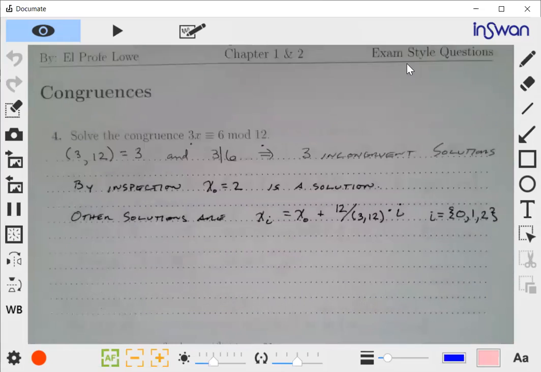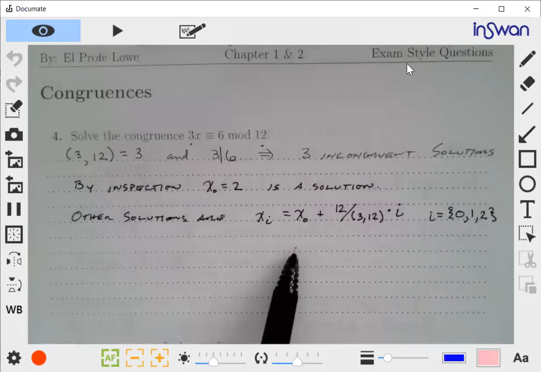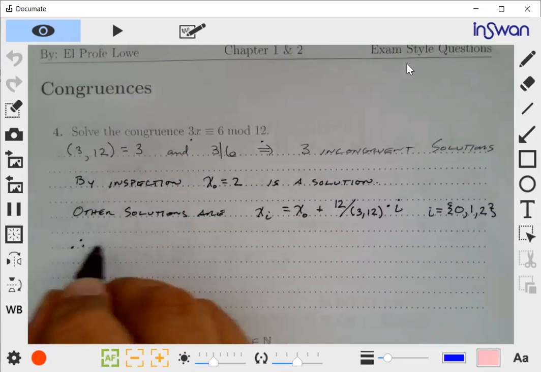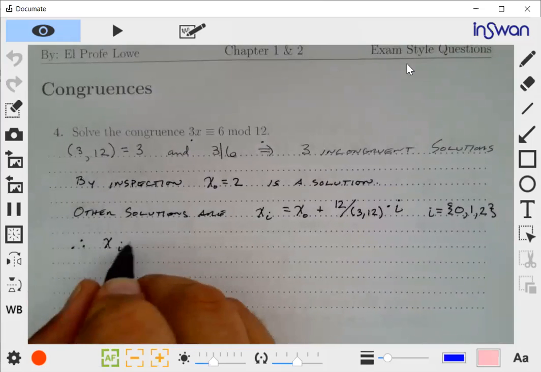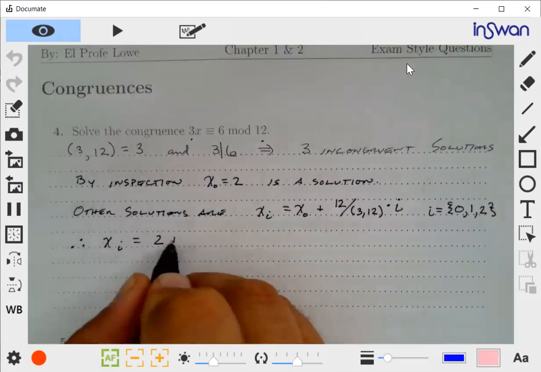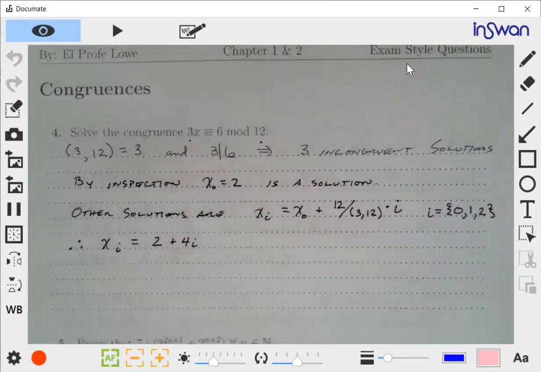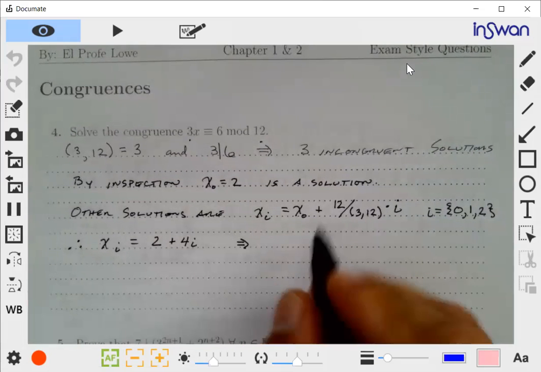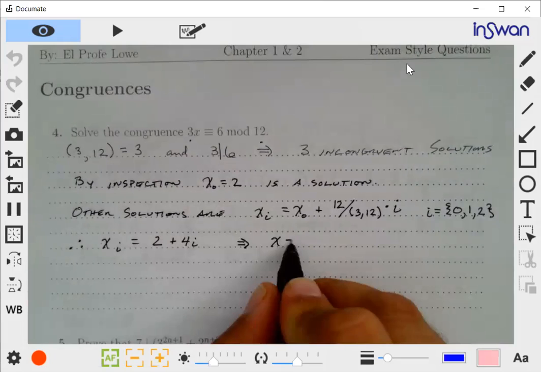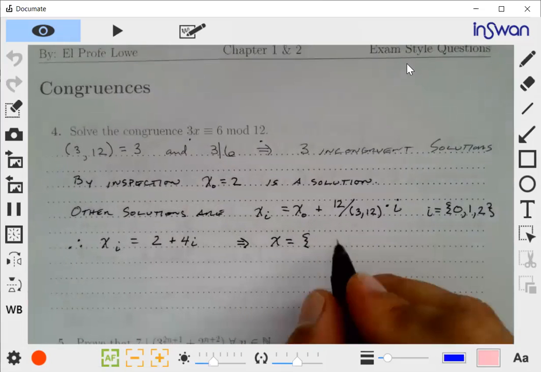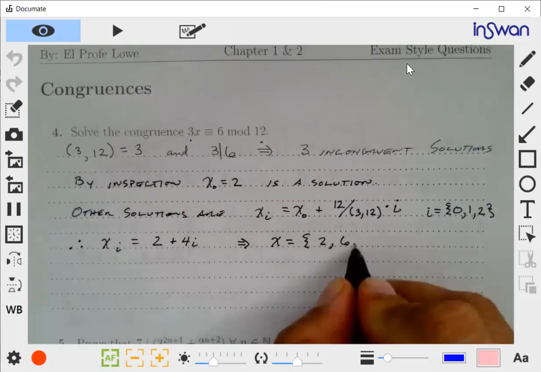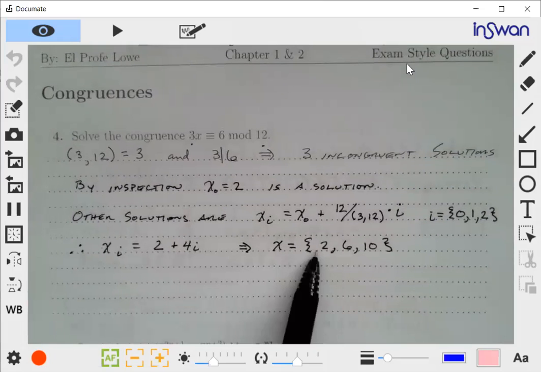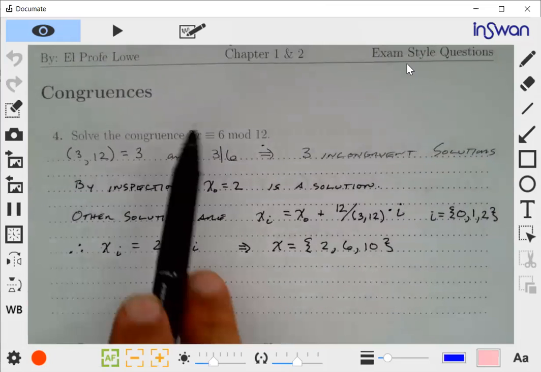So what does that mean for us? That means our solutions are going to be of the form 2 plus 4i, which implies that our solution set is x equals 2, 6, and 10.